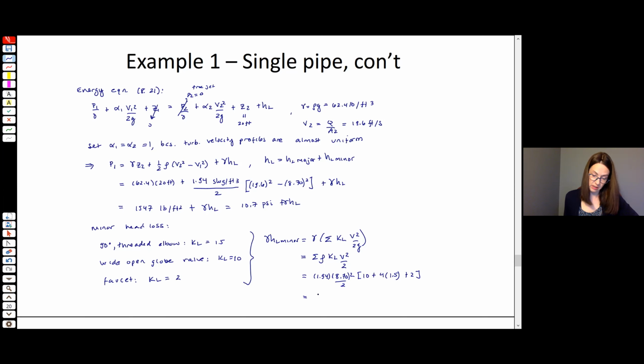So we get 1321 pounds per feet squared, which is 9.17 psi.